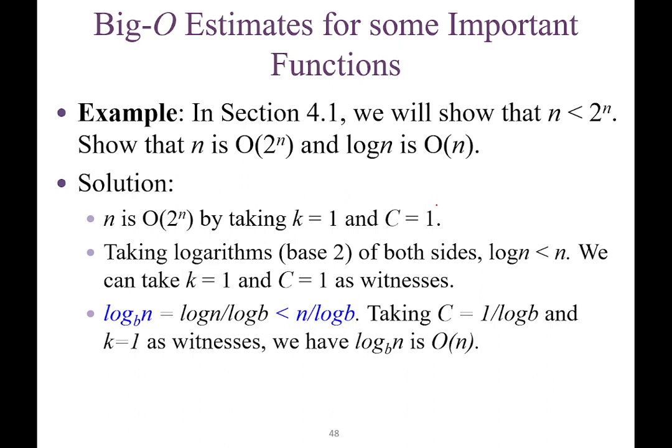Next, let's see the relationship of two functions: n is less than 2 to the power of n. You will see this inequality in section 4.1. Then it's easy to show that n is big O of 2 to the power of n, because n is less than this function.